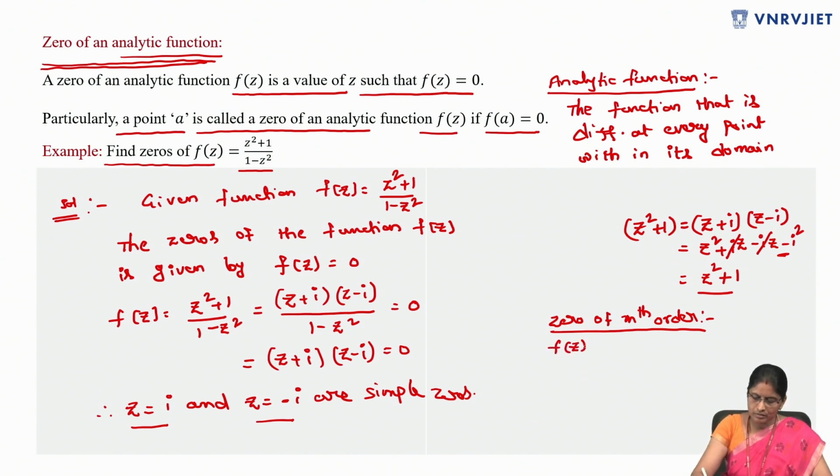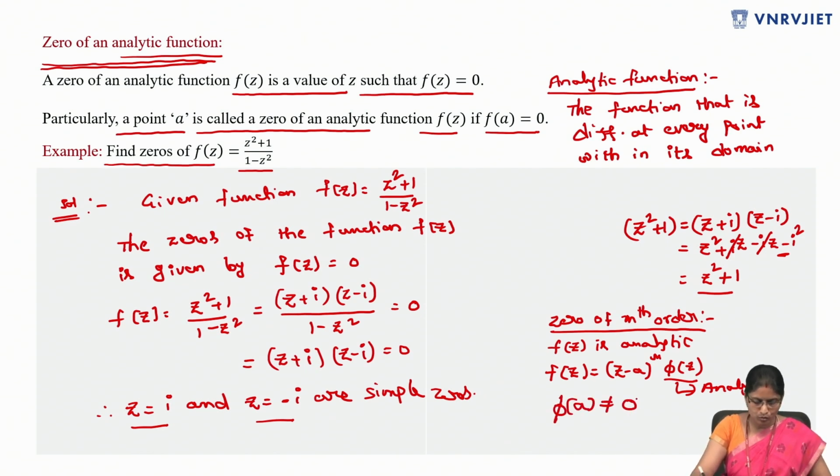Here f of z is an analytic function and it can be expressed as f of z is equal to z minus a whole power m into phi of z, where phi of z is analytic and phi of a is not equal to 0, then z is equal to a is called a zero of mth order of the function f of z.